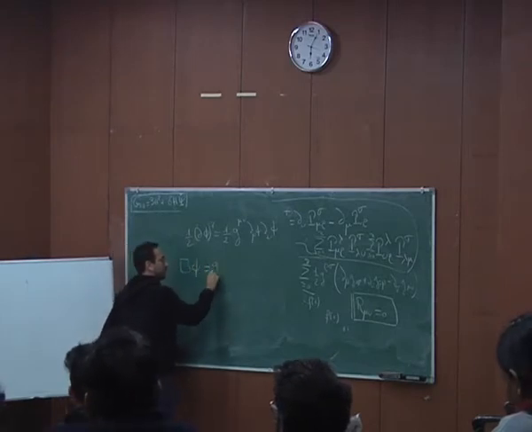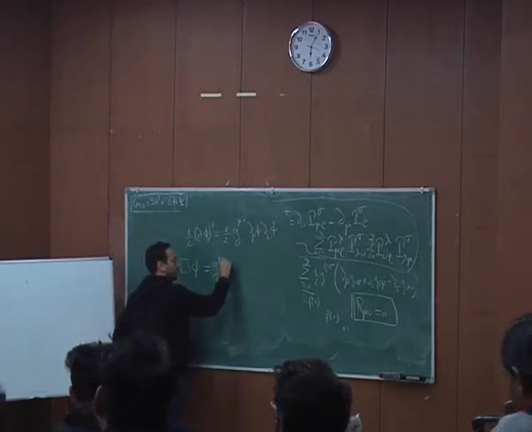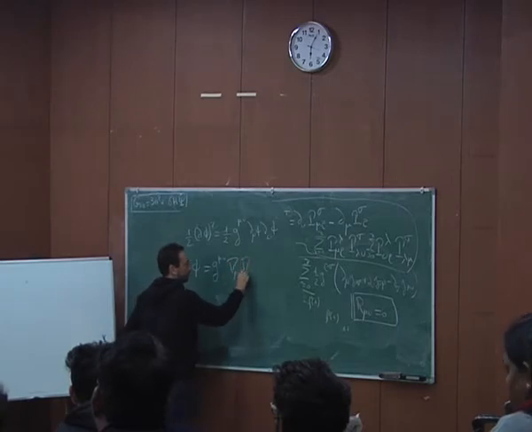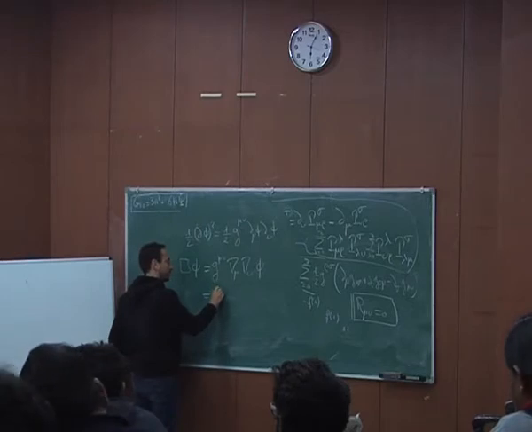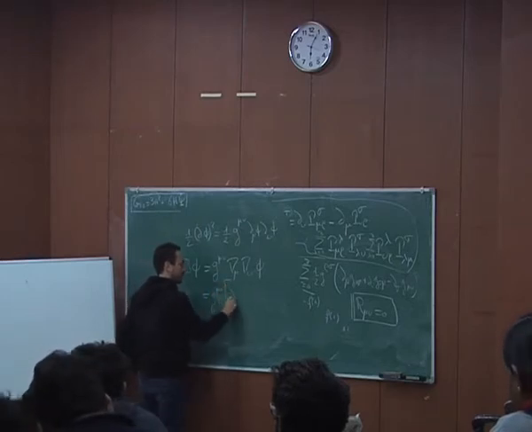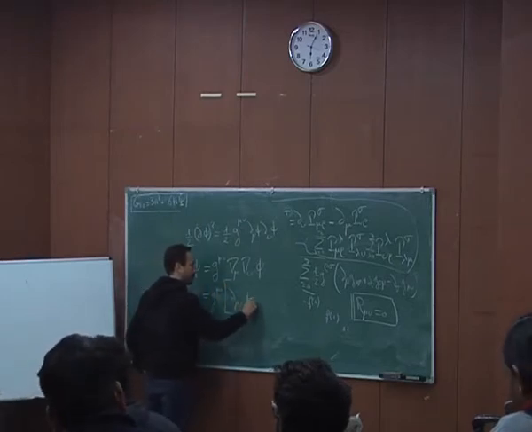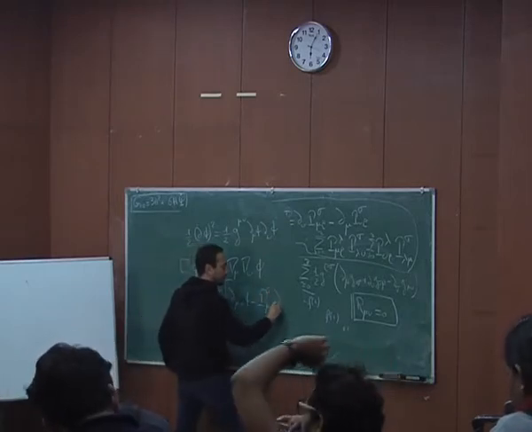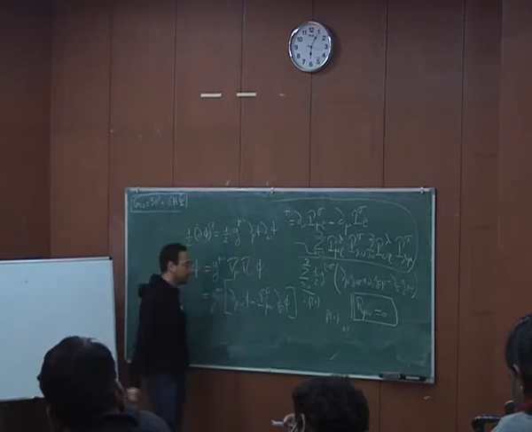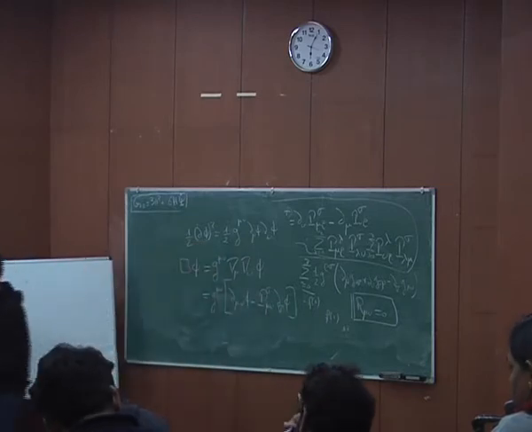Box phi is g mu nu, the second derivative of phi minus gamma mu nu sigma, d sigma phi. This is the definition of the box.